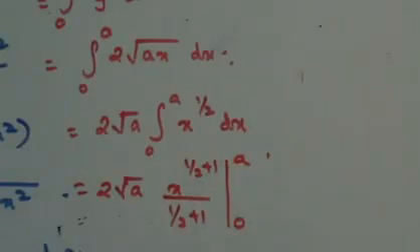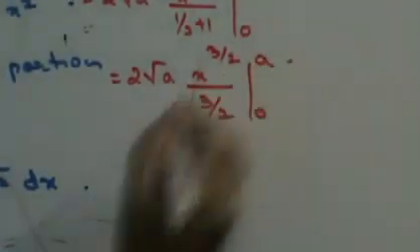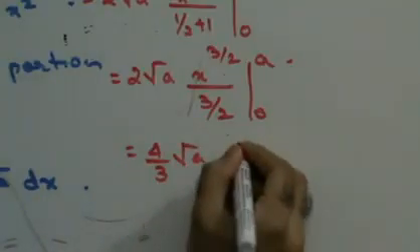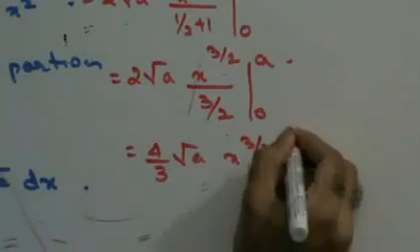I am using the formula that integral of x raised to n is x raised to n plus 1 upon n plus 1. This is 2 root a x raised to 3 by 2 upon 3 by 2, which goes to 4 by 3 root a x raised to 3 by 2, when the limits are between 0 to a.